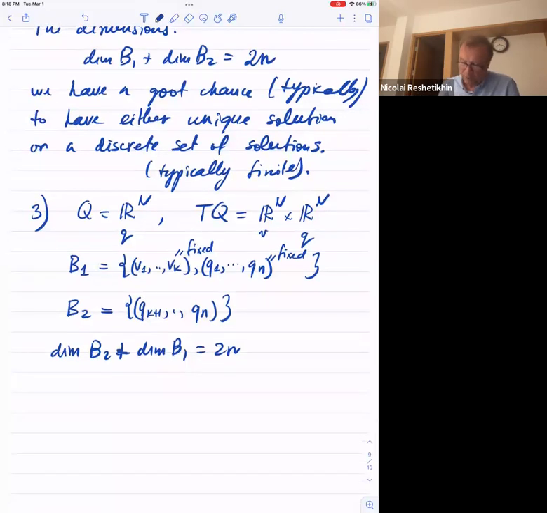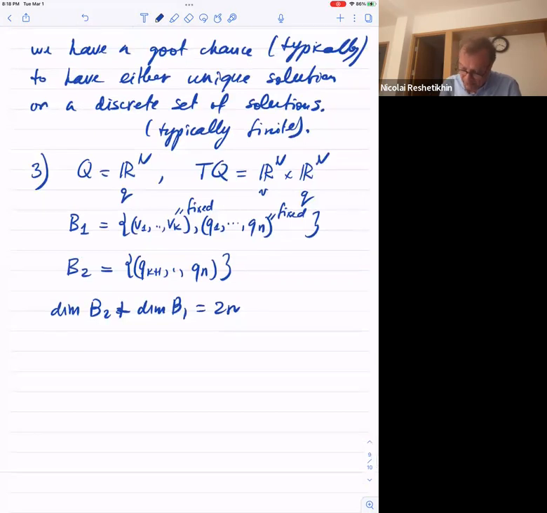What does it mean local? If you can travel from B1 to B2 in a small amount of time, then I suppose a version of the Picard theorem says that there will typically be finitely many of those trajectories. So in this case, this is not variational. And that's an intermediate one.